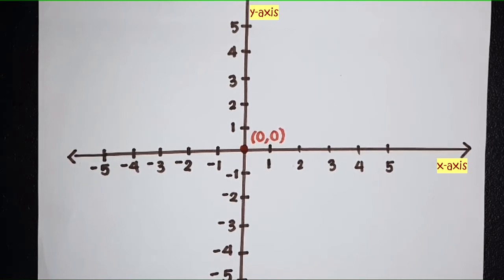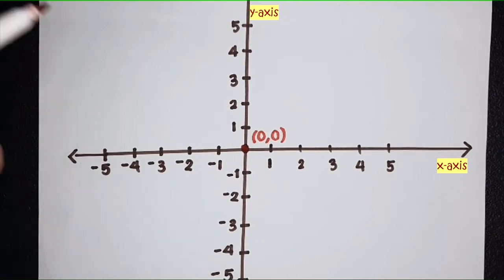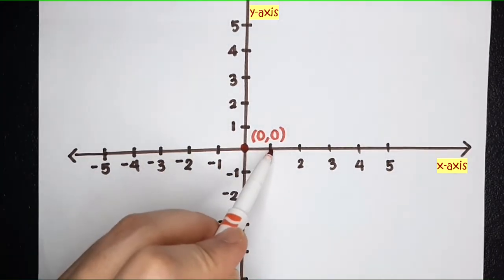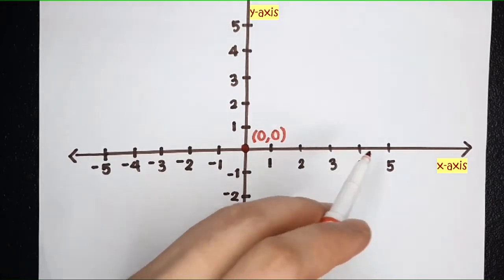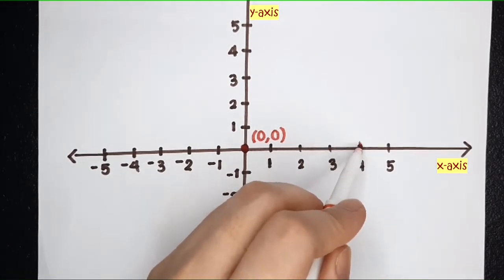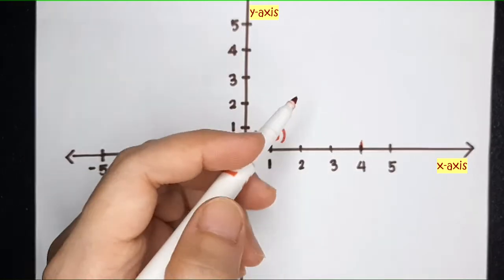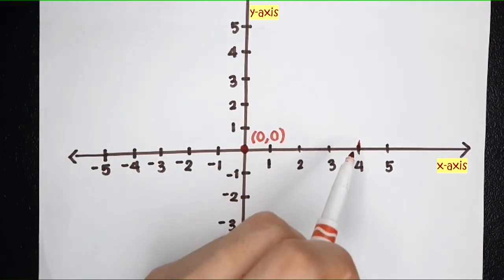Do you follow? 4, 3. How are you going to locate 4, 3? So that means you're going to count 4. It's a positive. So you have to count positive 4 on the x-axis. So it's like 1, 2, 3, 4. So you're here.